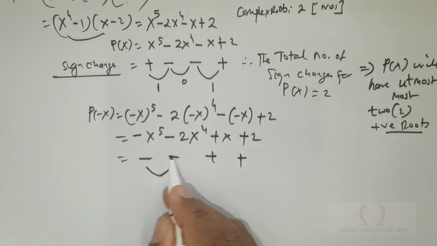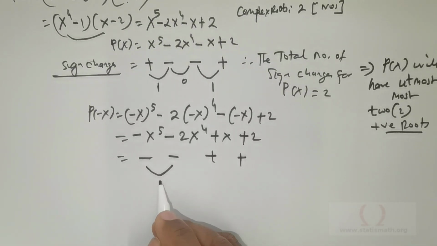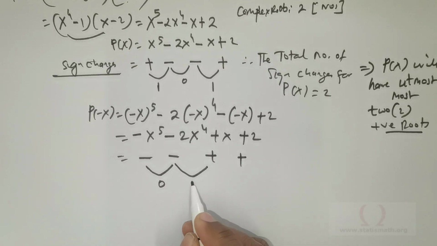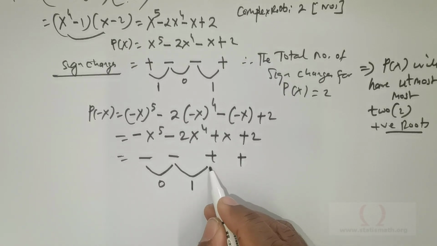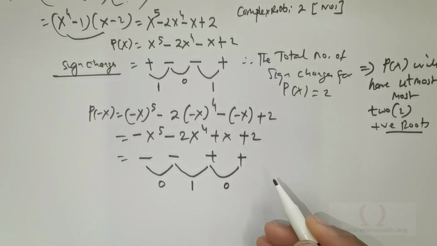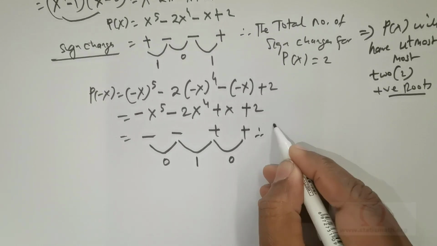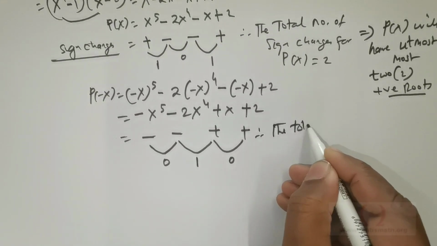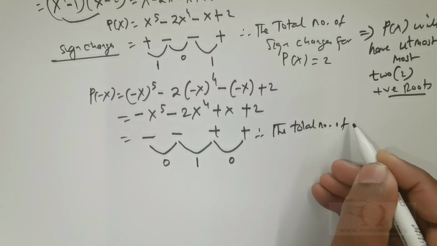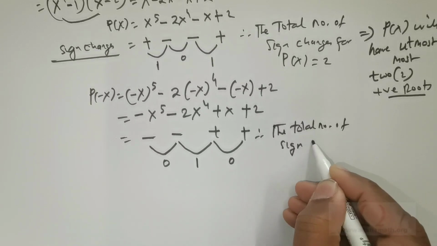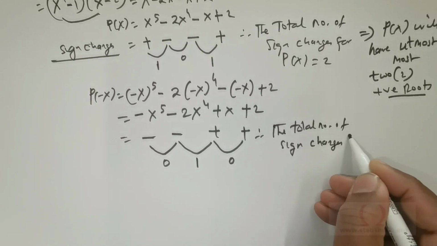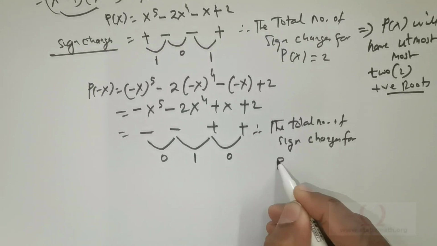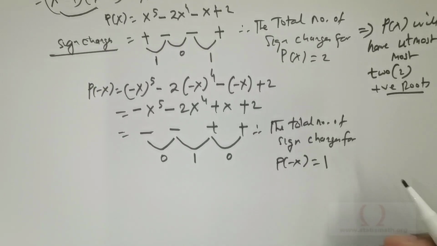Between the first and second components, negative to negative, there is no sign change. Negative to positive, there is one sign change. Positive to positive, there is no sign change. Therefore the total number of sign changes for p(−x) is 1.